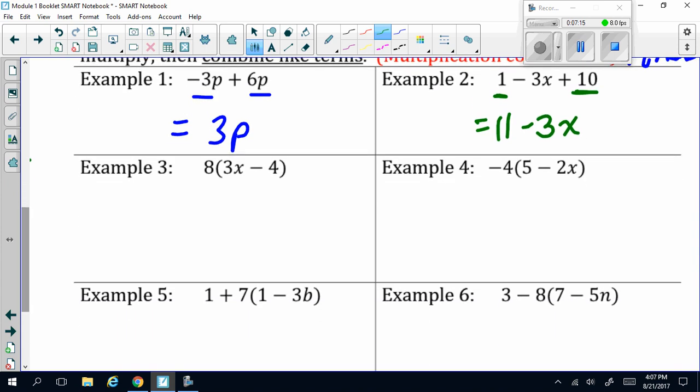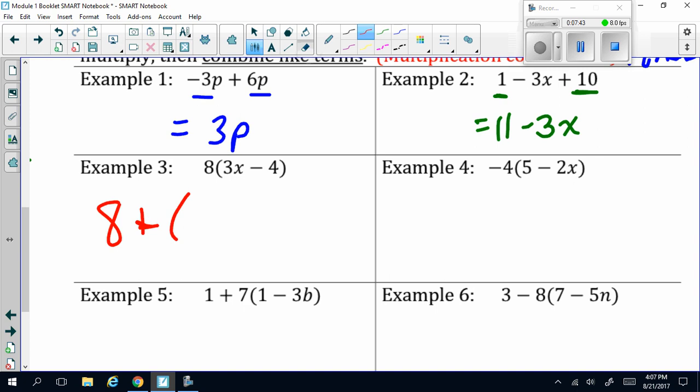All right, looking at example 3. Example 3, I do need to use the distributive property. And I know I need to use the distributive property because I have a number right outside my parentheses. So that is multiplication. Multiplication is the only operation we do that doesn't require a sign. If I wanted this to be addition, I would need a plus sign.